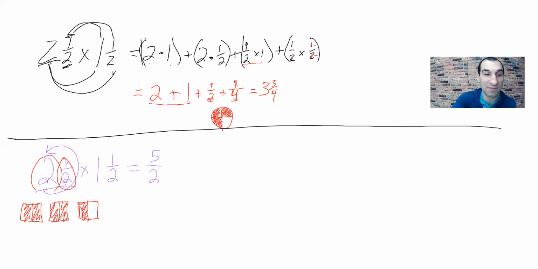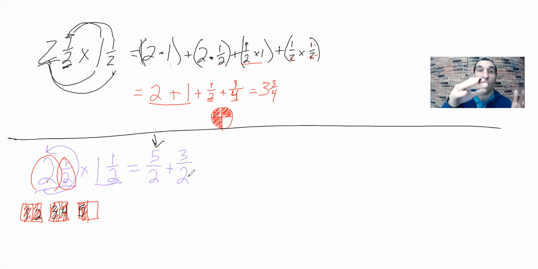So how many halves do I have? Well, I have 1 half, 2 halves, 3 halves, 4 halves, 5 halves. That's where I got this 5 halves from. So then my next number, 1 1/2, I want to turn that into an improper fraction. 1 times 2 is 2, plus 1 is 3. So that's 3 halves.